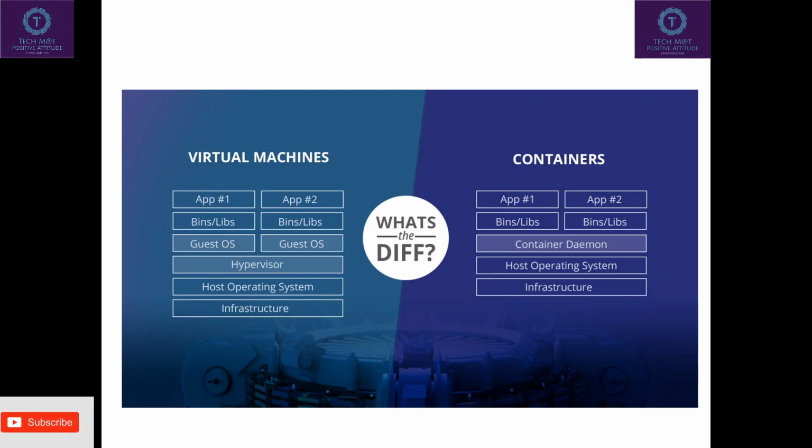On Hyper-V we install the guest machines like Windows, Linux, etc. On that guest machine we install the libraries that are required for the application. On the libraries we install the application.